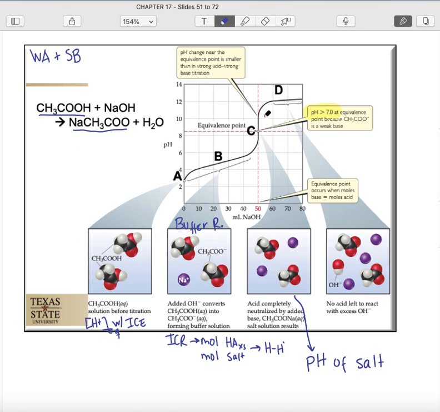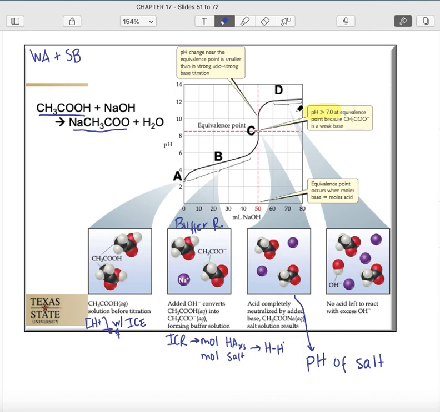And then finally, region D is going to be what happens after the equivalence point. So after the equivalence point, you no longer have any acid because all of the acid has been consumed, but you kept adding sodium hydroxide. And so now what you have is an excess of sodium hydroxide, which will be controlling the pH.